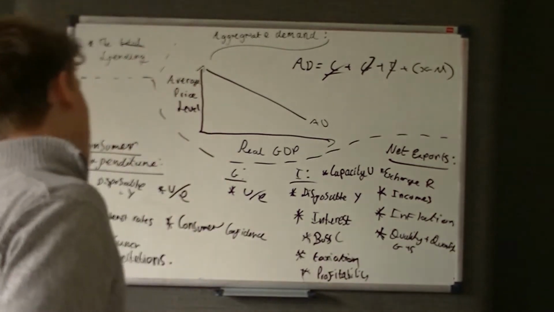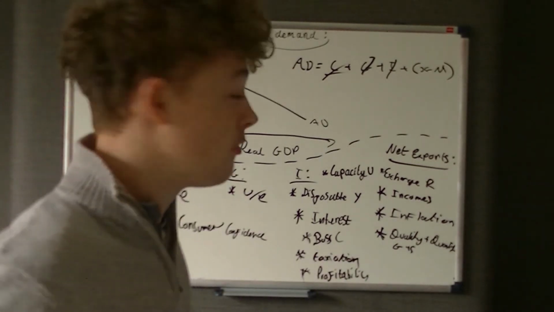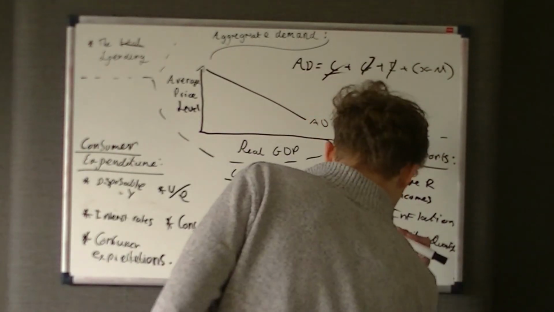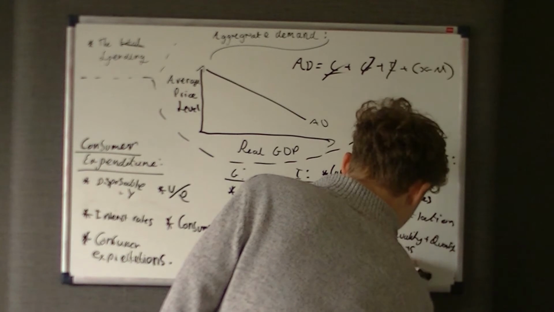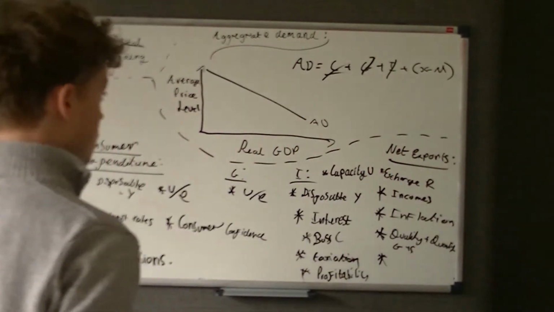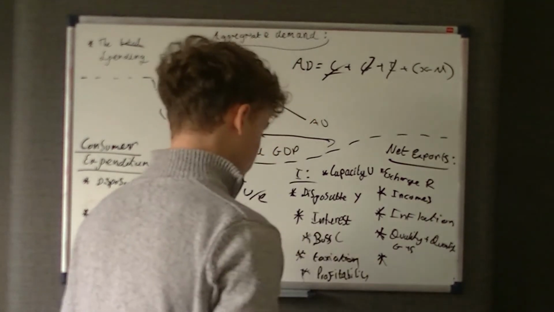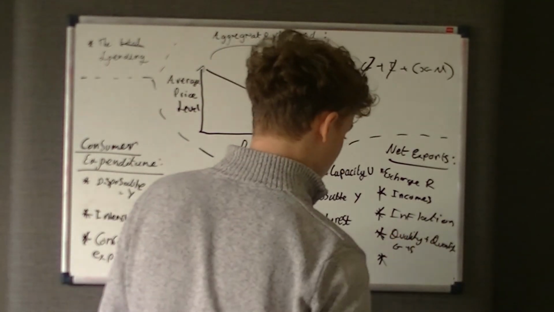So hopefully, if people don't mock British stuff, it will decrease our imports and increase our exports, which will have an effect on net exports and ergo have an effect on aggregate demand. So quality and quantity of goods and services.